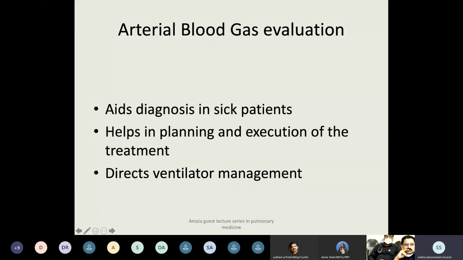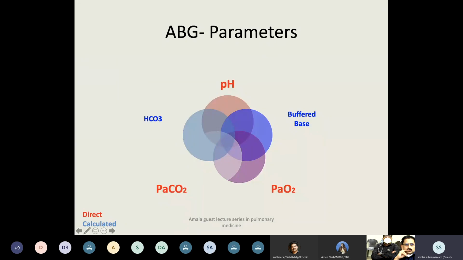It also helps us to guide and to change the ventilator management settings depending upon the changes in the arterial blood gases. Now, there are very many parameters which you see in a normal arterial blood gas panel, but there are some parameters which are of profound importance to all of us.